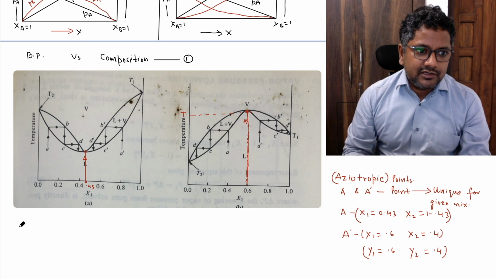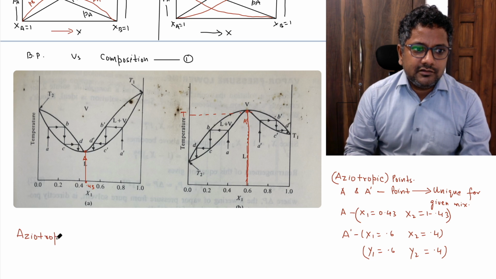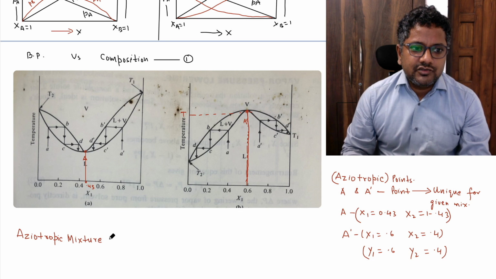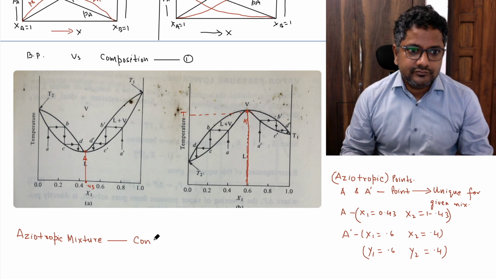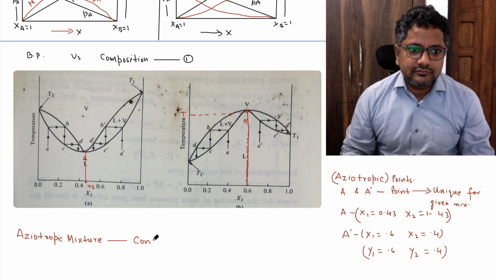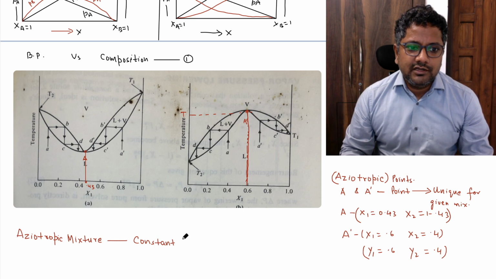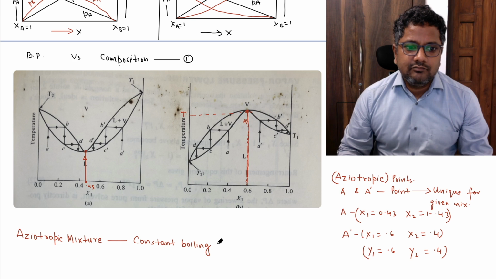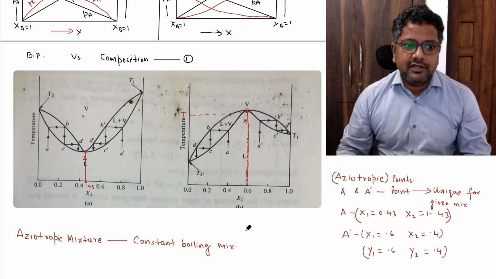So azeotropic mixture is also known as constant boiling mixture, right?